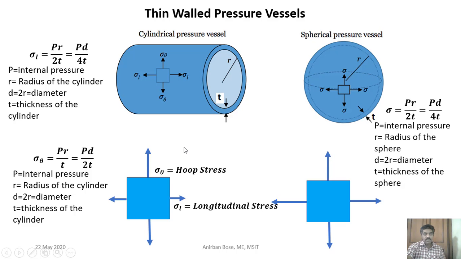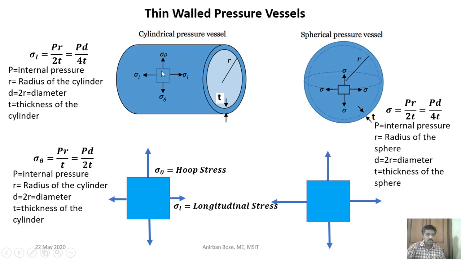Now here you can see the stresses will be tensile in nature. Because of the internal pressure in a cylindrical vessel, biaxial stresses are acting like this at the outer surface. You can see sigma L, which indicates the longitudinal stress, and sigma theta, which is the circumferential stress, that is acting.